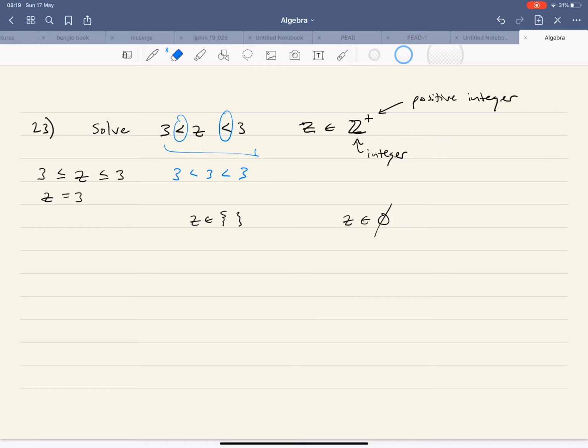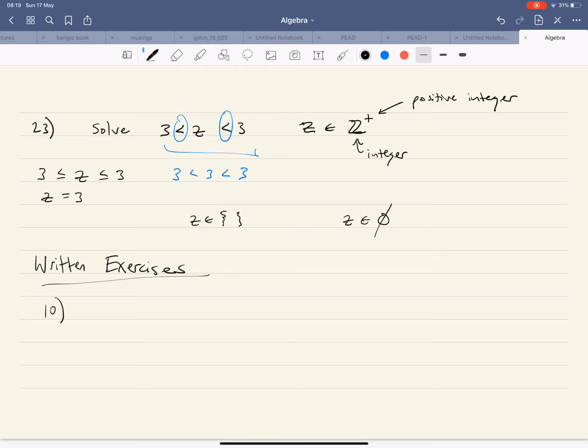Okay, let's do a few more examples. So now these are going to be the written exercises. We're on to the written exercises now. Let's take a look at number 10.